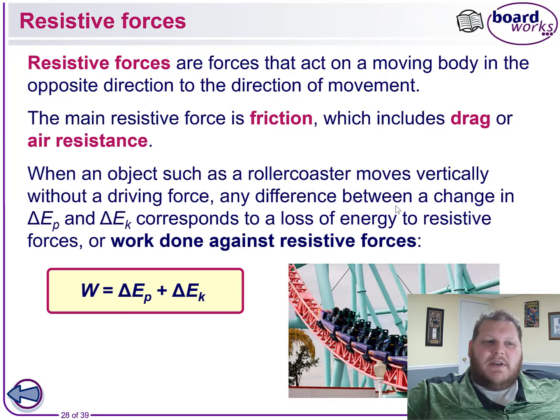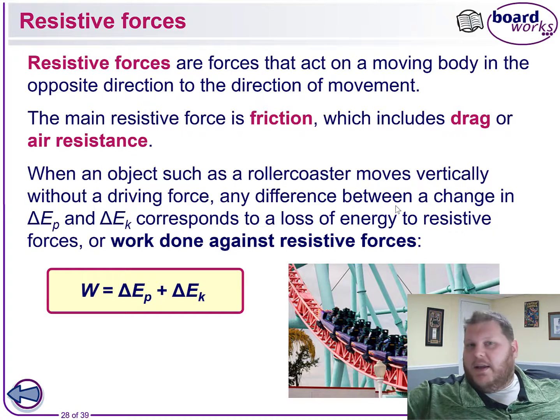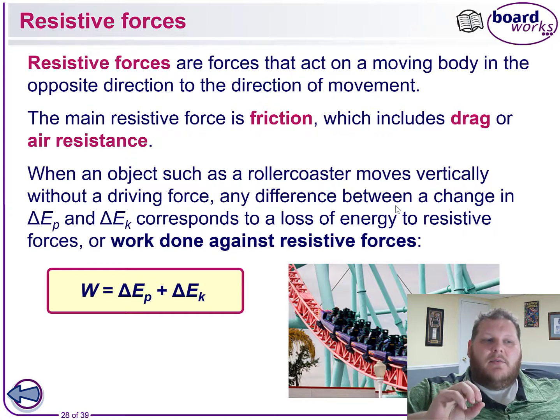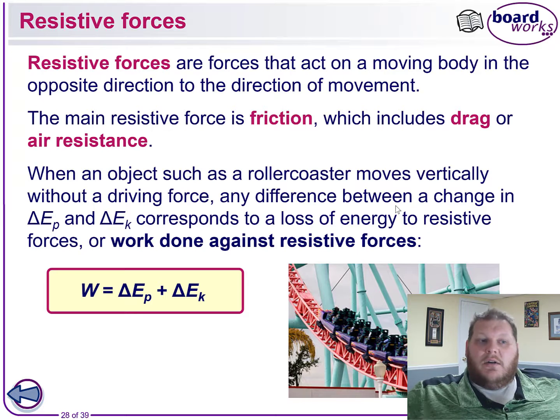So if we have an object like a roller coaster or something similar, that's moving vertically without any kind of driving force, we know that if my change in potential energy and my change in kinetic energy are not the same, any discrepancy between those two things, right? If we're gaining kinetic and we're losing potential, but they're not happening at the exact same rate, that tells us that we're not dealing with that ideal world that we were pretending to live in before, where we ignored those resistive forces.